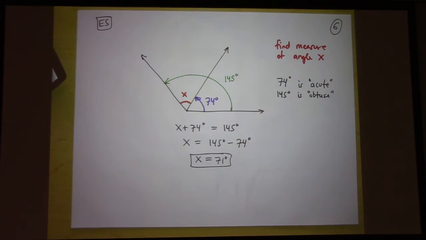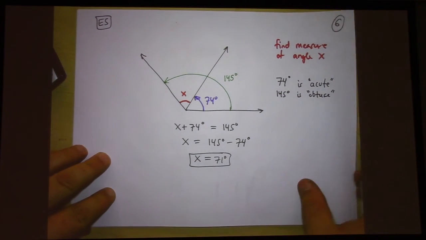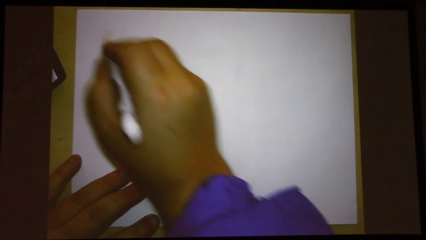All right, let me skip ahead to one that's a little bit trickier. I'll make it a little bit different than the homework, but something kind of like the homework. Example 6.